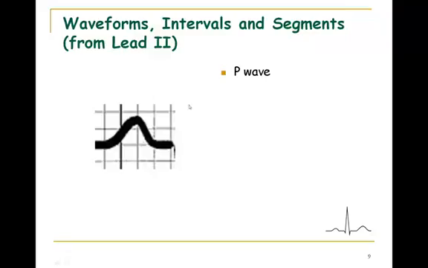The P wave shouldn't be more than 2.5 millimeters in height, and you can answer this: what would that correspond to in voltage? So you'll need to convert millimeters to millivolts. It shouldn't be more than 0.11 seconds in length.